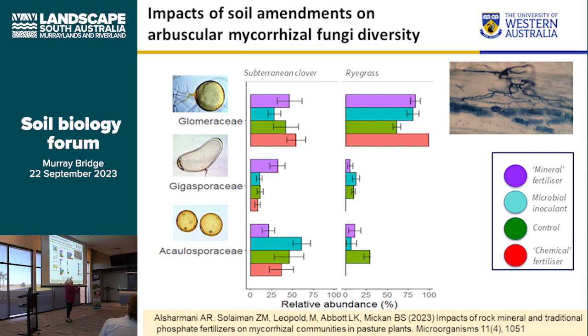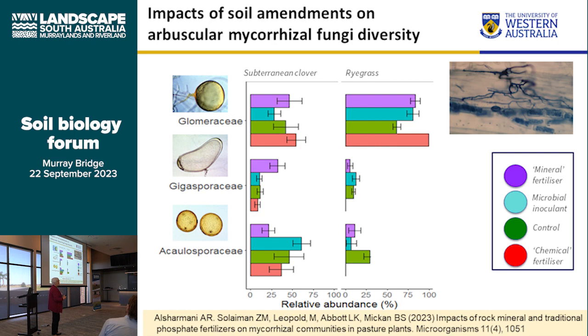So there was an impact of the chemical fertiliser on this fungus when it was growing in ryegrass, but not when it was growing in clover. So there's a bit of complication here in the relative abundance of the different fungi in the roots, and a little bit of an effect of the treatments.